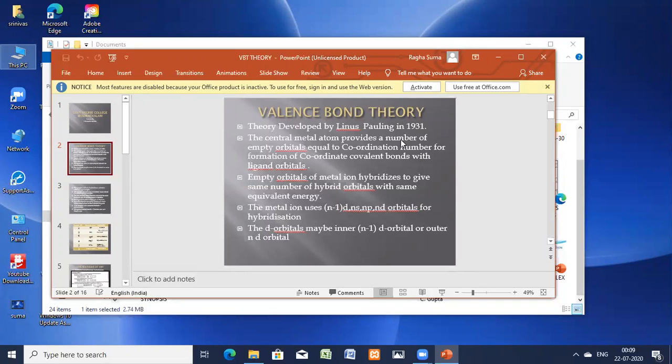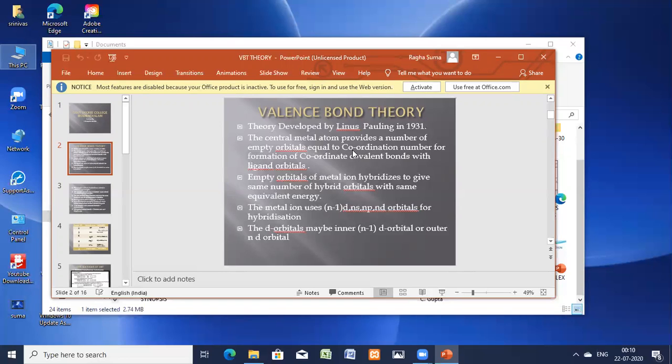Now, we'll see that the central metal atom in the complex provides a number of empty orbitals equal to the coordination number. For example, take a complex ML6. Here L is 6, so the ligands are 6 and the coordination number is 6.